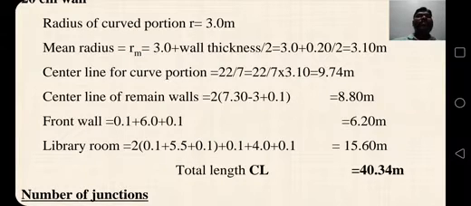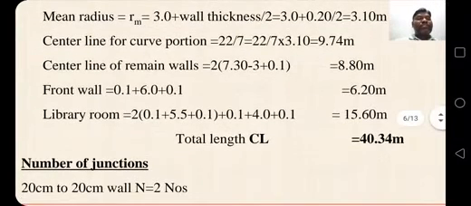Center line of remaining walls 2 into (7.3 plus 3 minus 3 plus 0.1) is 8.8 meter. Front wall 0.1 plus 6 plus 0.1 is 6.2 meter.